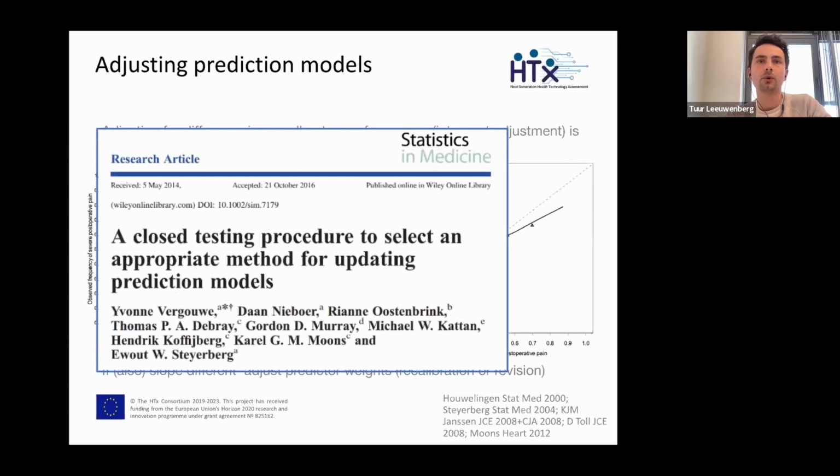And one more appropriate way to do this is the closed testing procedure. There you really test whether you need to update and how much you need to update. That's captured in this procedure.